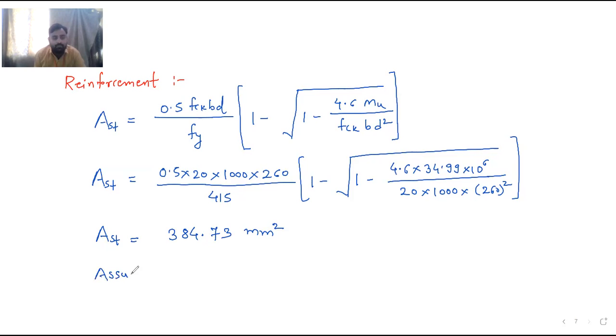So assume 12 mm, or you can say provide 12 mm bar diameter. So now calculate the number of bars.